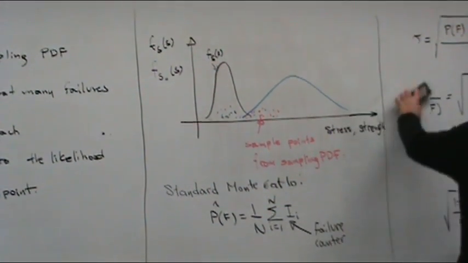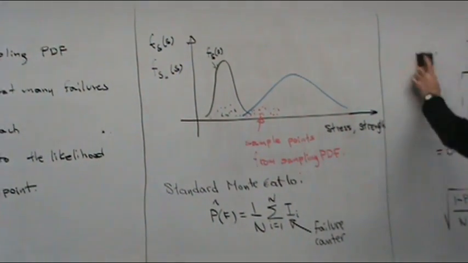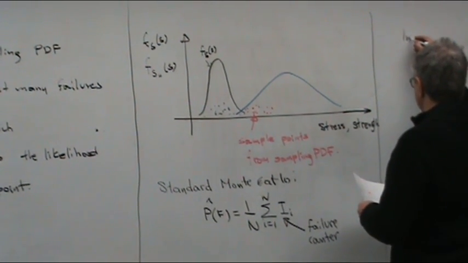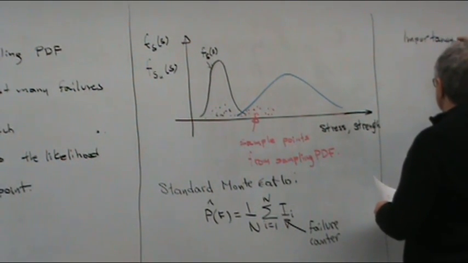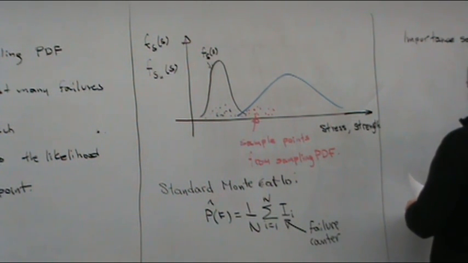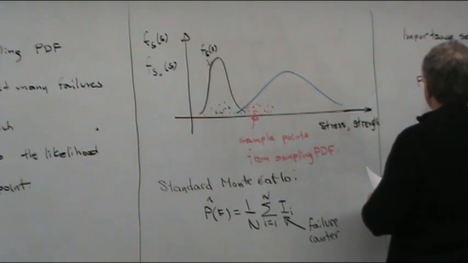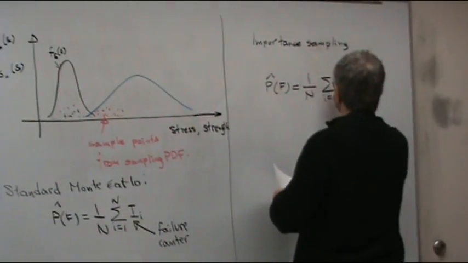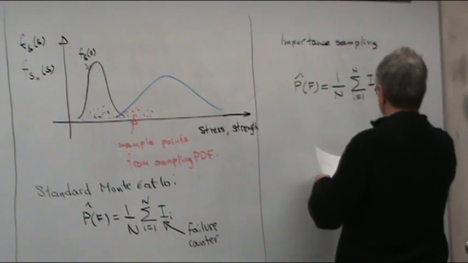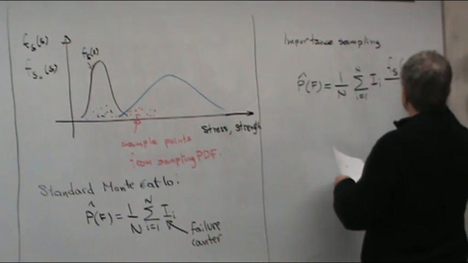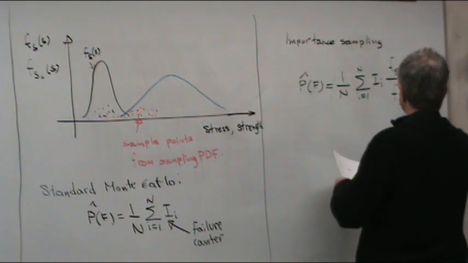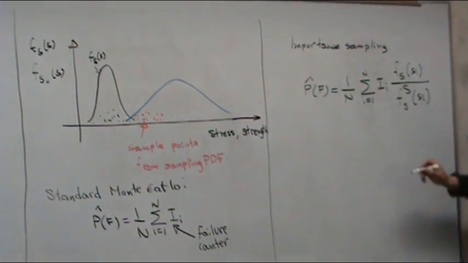If you want to estimate the probability of failure, if you use these red points, the points that represent the sample values from the sampling distribution, then you use this estimator. This is the sampling PDF.